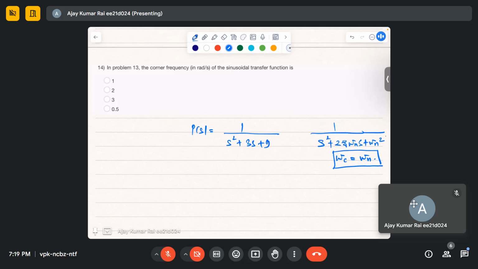So here also, omega n, the natural frequency, is equal to 3 radian per second, and you can say that is the cutoff frequency. But let's just calculate it.